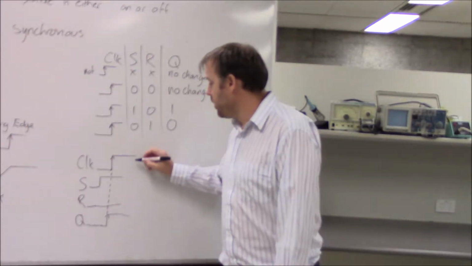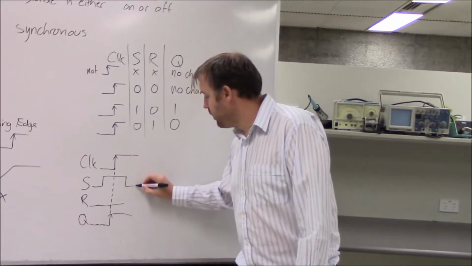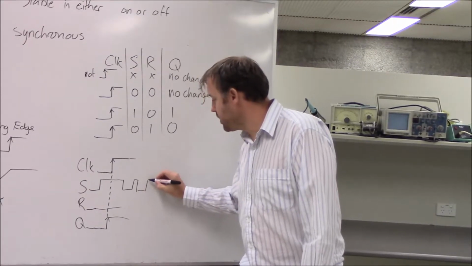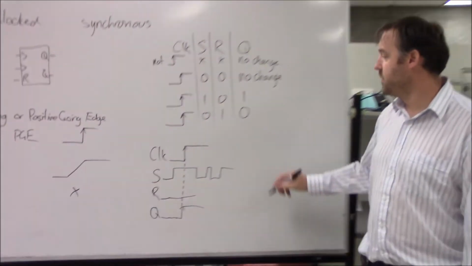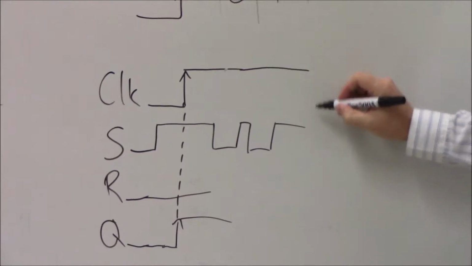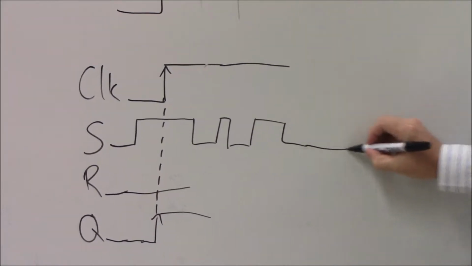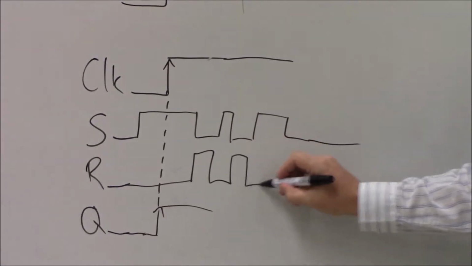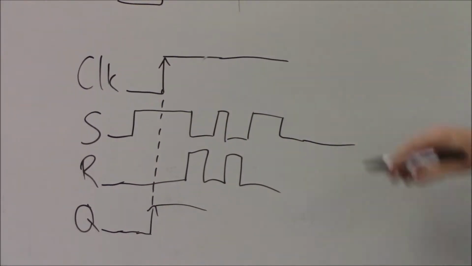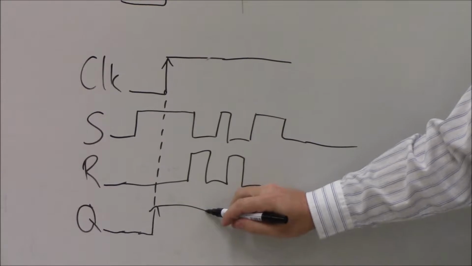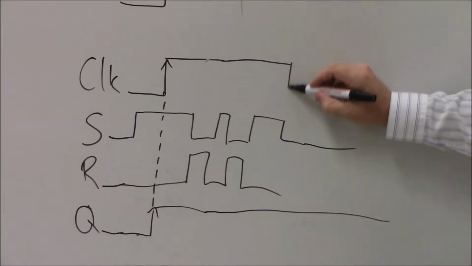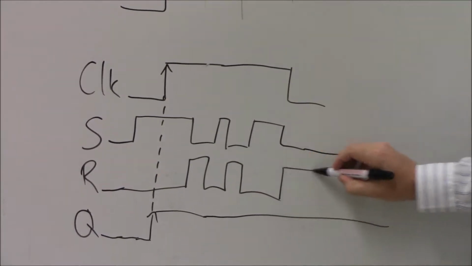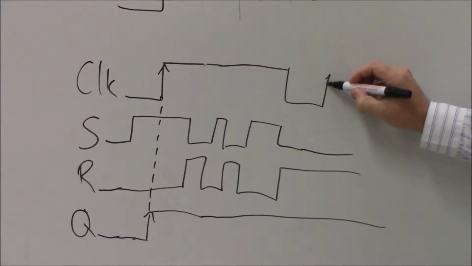time. So again, with this, I can have the set changing a whole bunch of times, and it will not do anything until, and reset can also change a whole bunch of times. The output will not change until we see another rising clock edge.